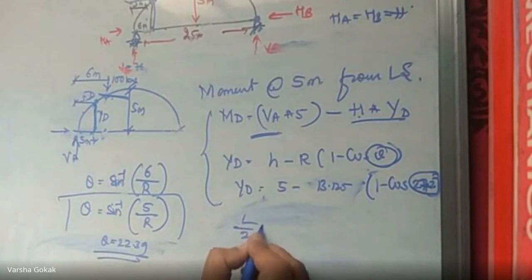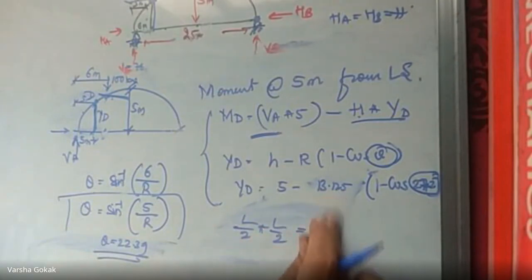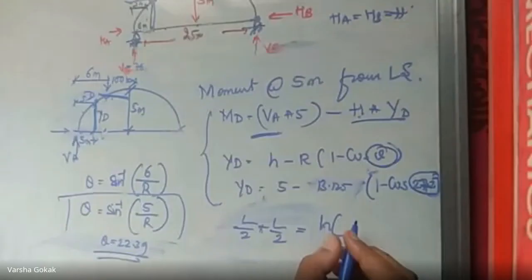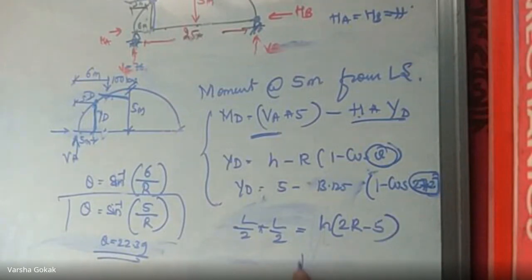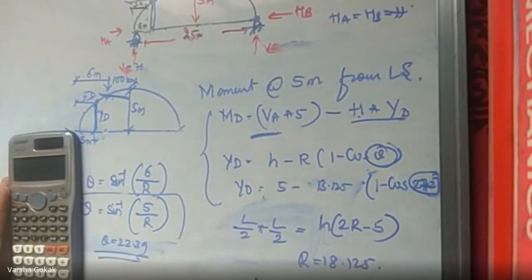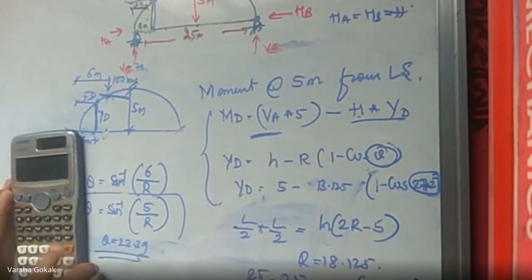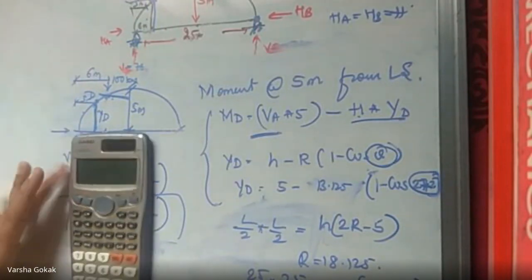Equation is L by 2 into L by 2 is equal to H into 2R minus H. R is equal to 18.125. I assume that you all have done it right. 25 by 2 into 25 by 2 is equal to H, which is 5, into 2R minus 5.